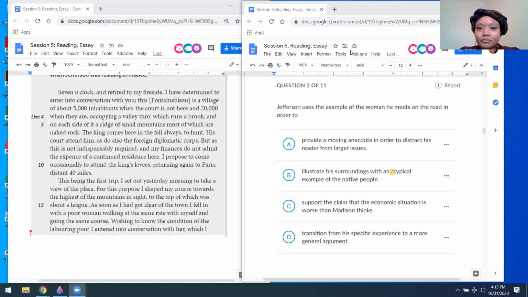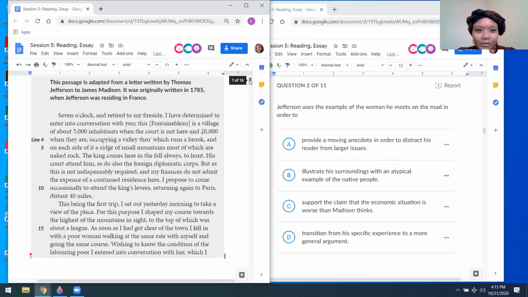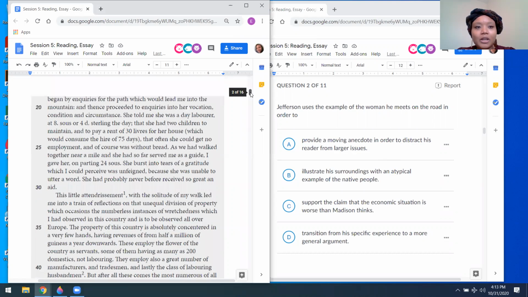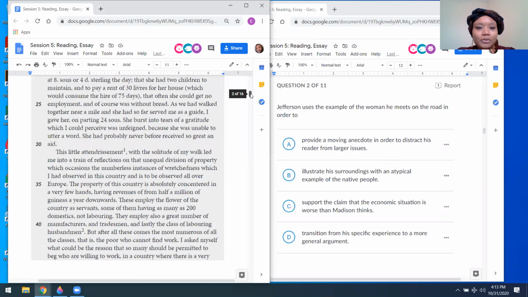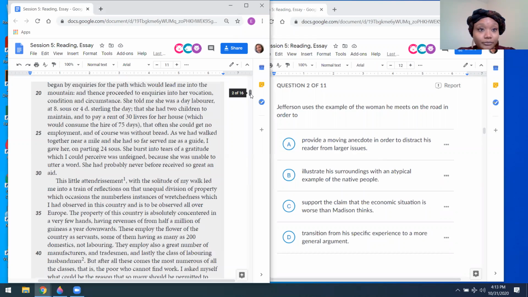But so, illustrate his surroundings with an atypical or an unusual example of the native people. Well, the general feeling of the passage was not that she was unusual or atypical, to use their wording. The feeling was that she was representative of people who are more poverty stricken.